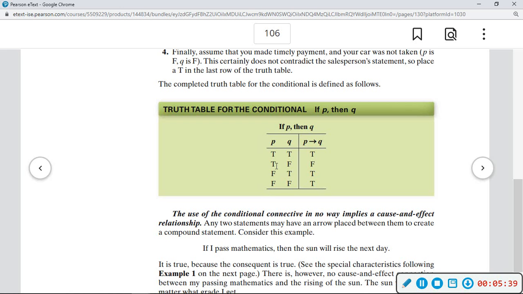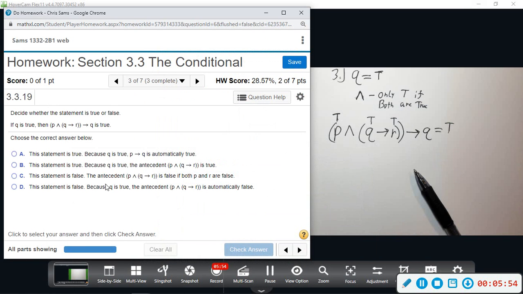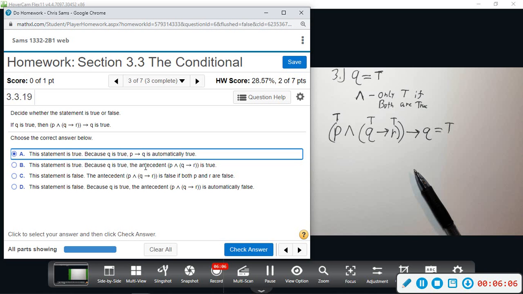If the first part is false, you automatically get a true statement. So both times it's false in the beginning, it's true, and both times it's true at the end, you get true. The only one is if you have true and then false. So what this statement is saying, the statement is true because Q is true right here, this back part. This is true. Doesn't matter what happens before the arrow. It's automatic true. So that's what that table is showing, and that's what that saying shows above.